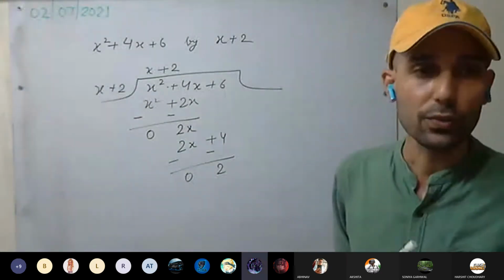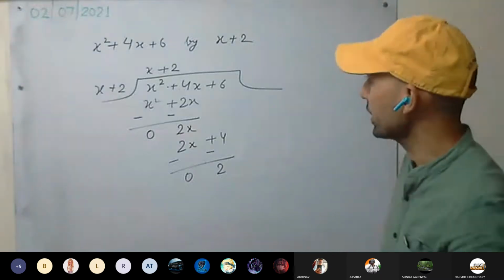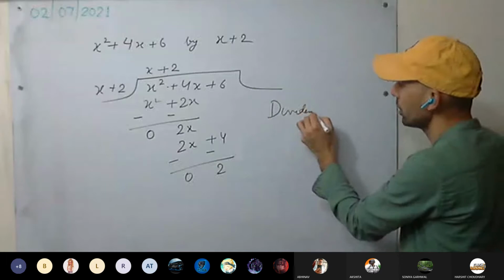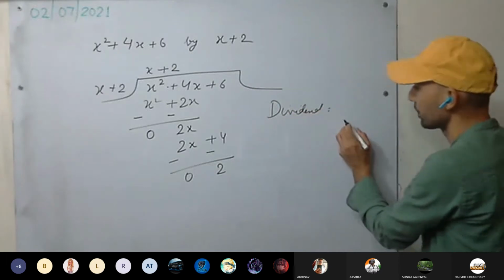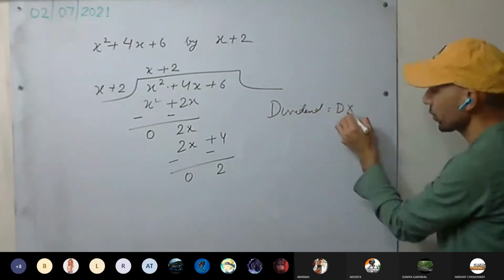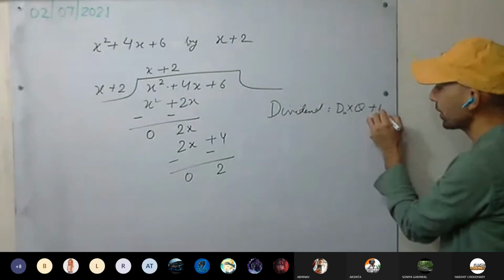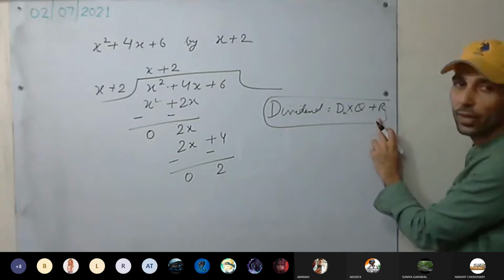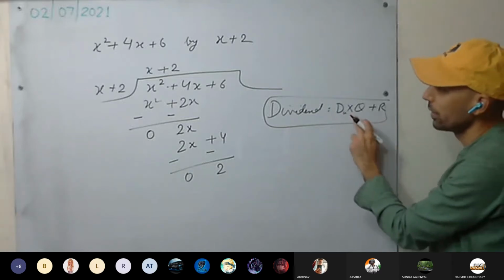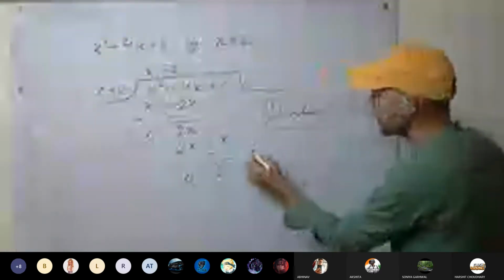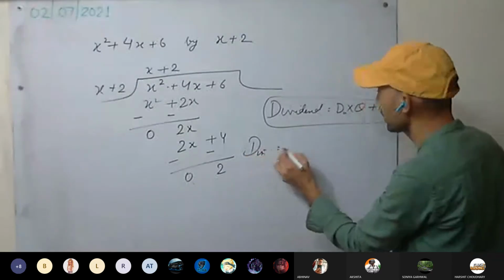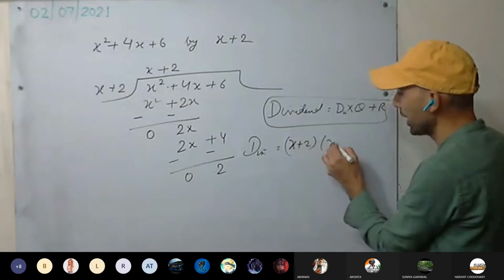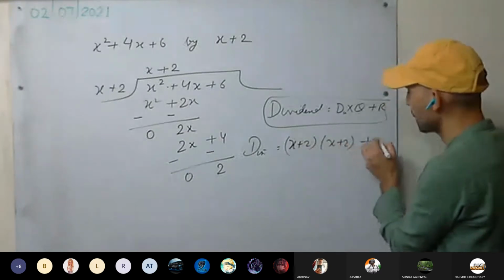Now how to verify the answer? Dividend is equal to divisor into quotient plus remainder. Find it using this one. So the dividend must be equal to x plus 2 into x plus 2, plus 2.